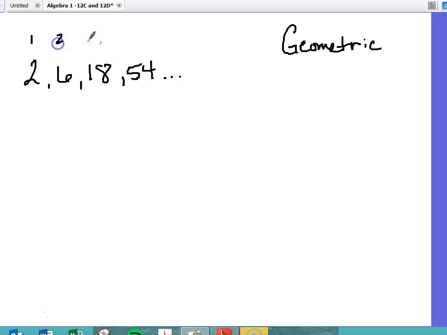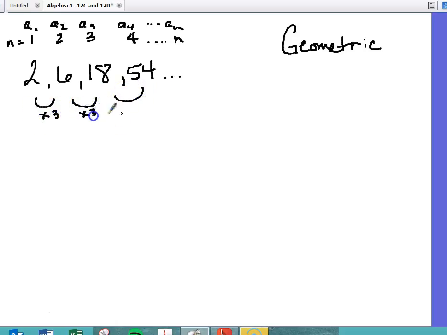So first term, second term, third term, fourth term, all the way to the nth term: a sub 1, a sub 2, a sub 3, all the way to a sub n. So for this pattern, what we see is times 3, times 3. Each time it looks like we're getting multiplied by 3.